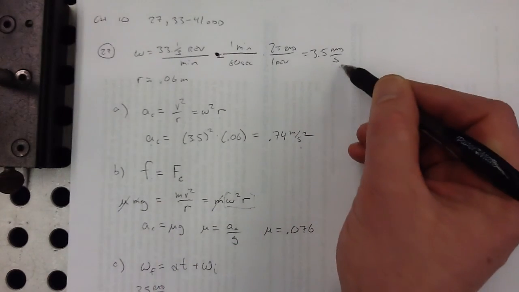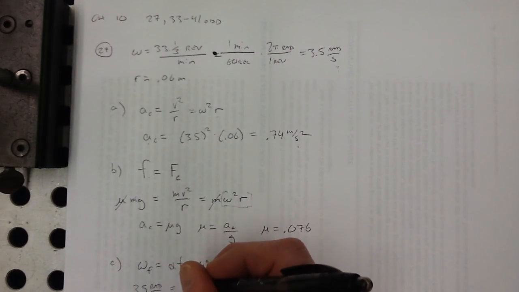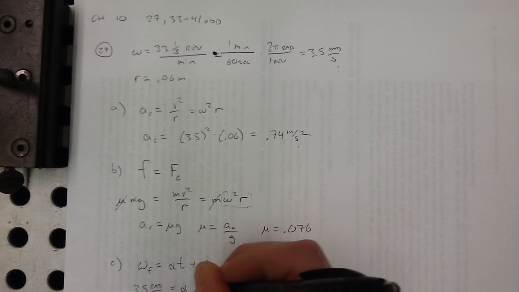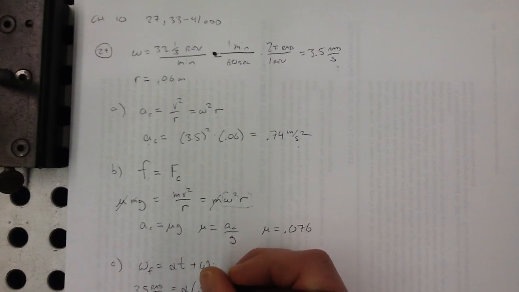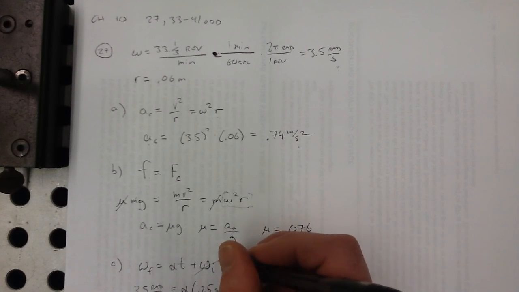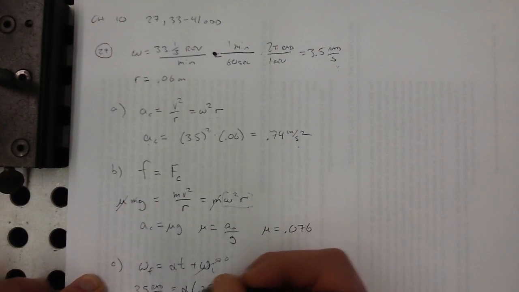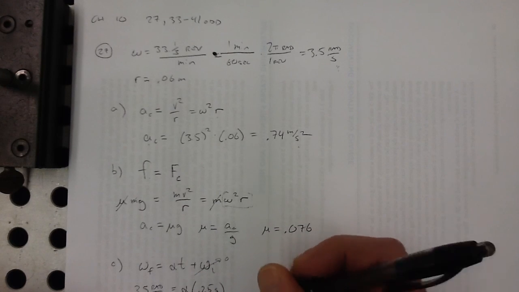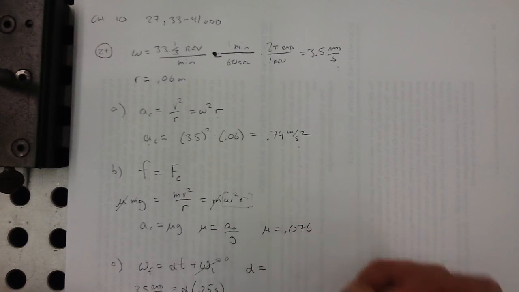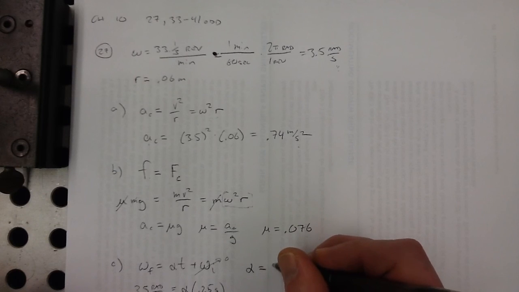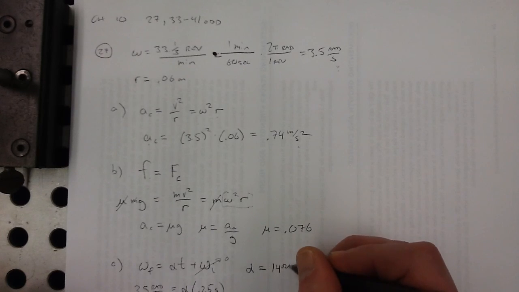That's up to speed. And I want to know, what if we try to do that in 1/4 of a second? And then if this is just 0, my initial starting from rest, right? So dividing by 1/4 is the same as multiplying by 4. So my angular acceleration, excuse me, is about 14 radians per second squared.